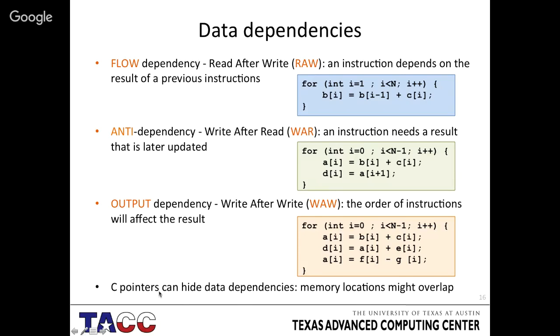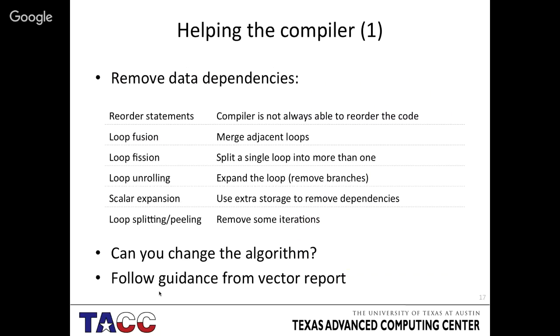And then C pointers can hide these types of dependencies, and so the compilers have to be conservative, in that when they see C pointers, they could be pointing off to anything. They have to be careful about not vectorizing when they shouldn't. So that's where the conservative aspect comes in.